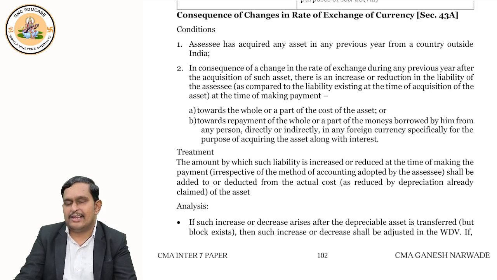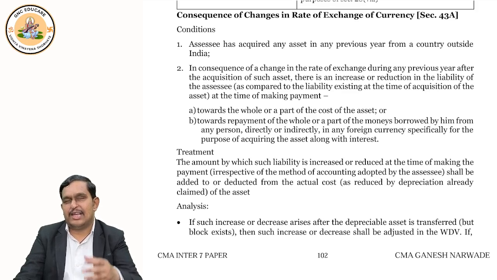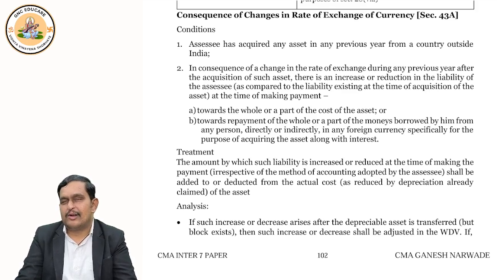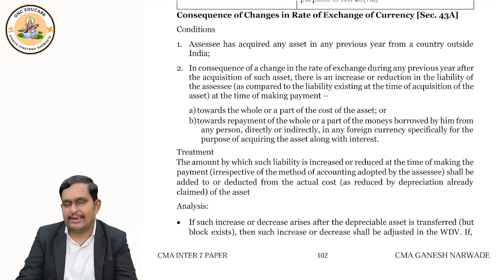You can transact in multiple currencies. At the time of purchase, whatever the currency exchange rate was, you multiplied and wrote the cost of the assets in your records in Indian rupees.